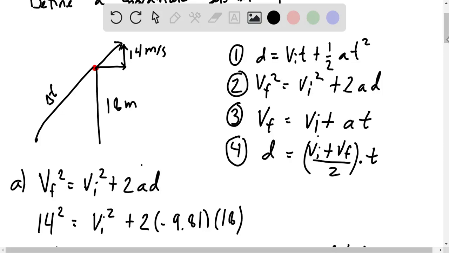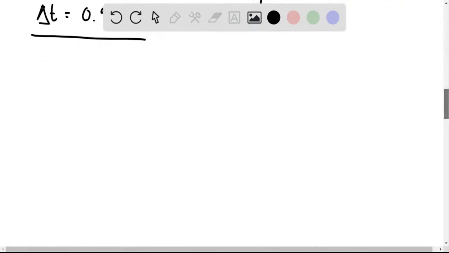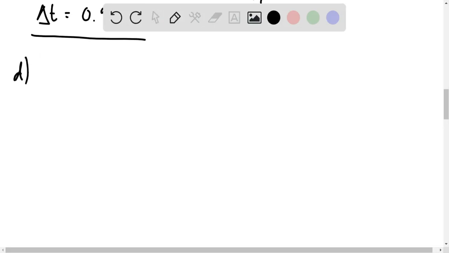And so we're going to use equation number 3. So VF equals VI plus AT. And so VF would be minus 23.43 because it is now moving downwards.